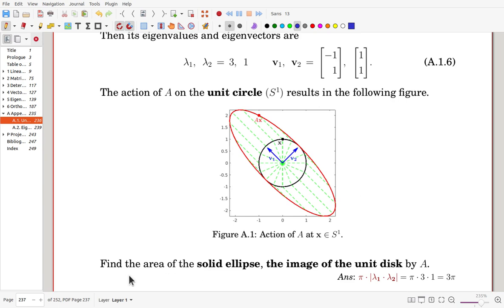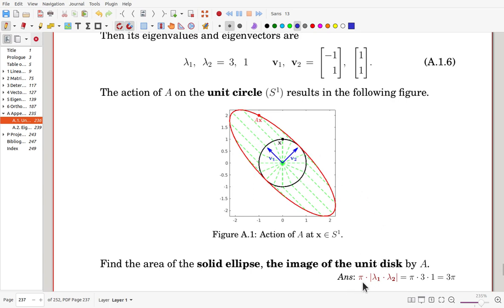Find the area of the solid ellipse, the image of the unit disk by the action of A. Then we can find the area quite easily from the area of the disk, which is pi. In one direction it is not scaled, since the eigenvalue is 1, and in the other direction it is 3 times enlarged, so the area of this solid ellipse is pi times 3 times 1.